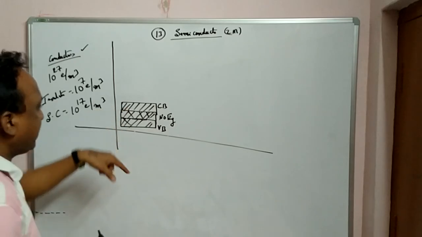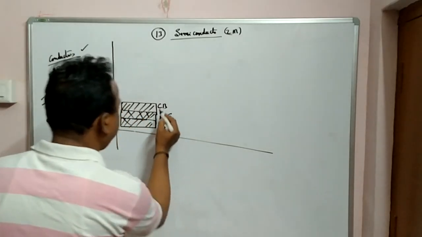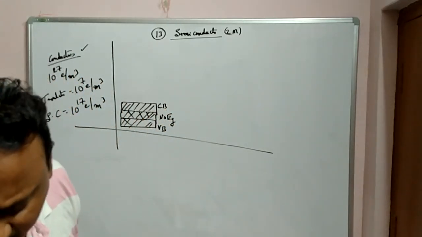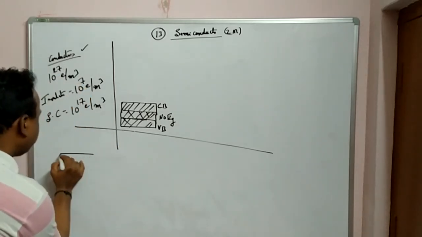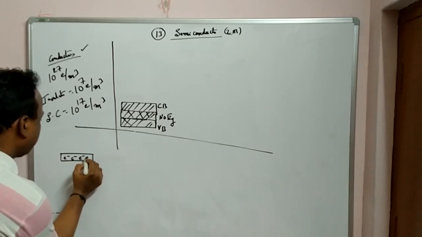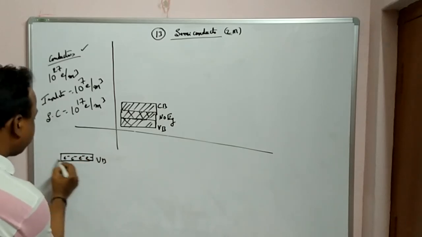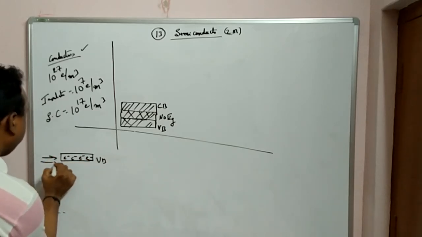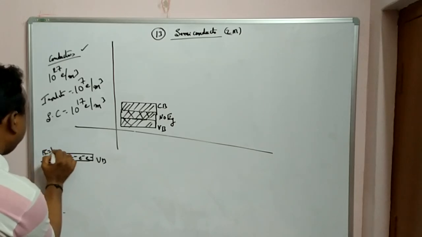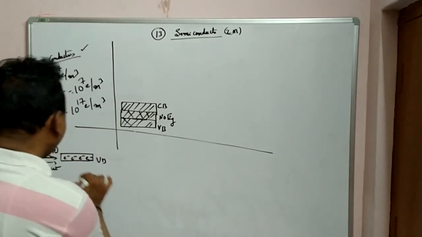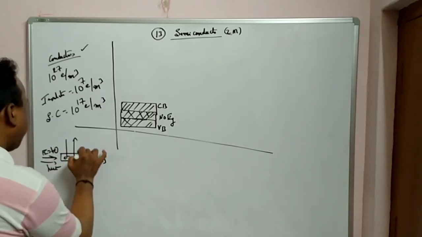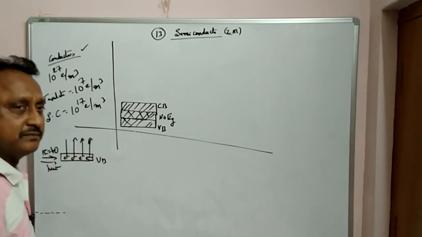There is no energy gap between valency band and conduction band in conductors. Generally, in the valency band the free electrons are available. When sufficient heat or energy, E equals h nu, is given, the electron will try to jump from the lowest level to a higher level.